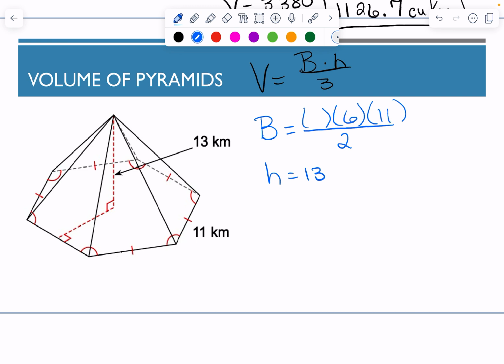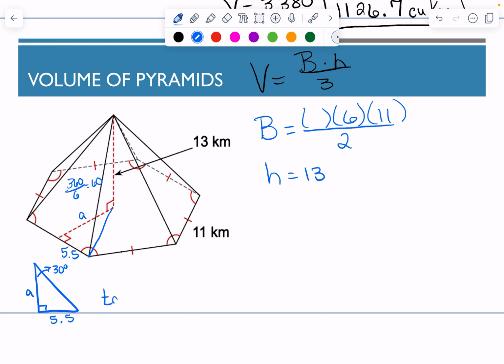So the last thing I need is, what is the apothem length? So this is what I'm looking for. Half of 11 is 5.5. Remember, in a hexagon, I have 360 divided by 6, which is 60 degrees. So if I draw that triangle down here, I've got this to be 30 degrees, which is half of that. I know this to be 5.5, and here is my apothem.